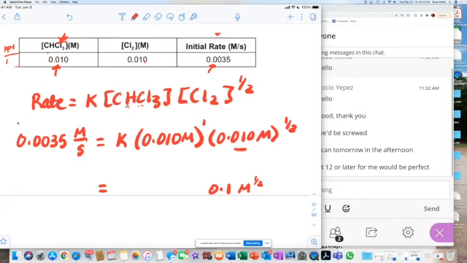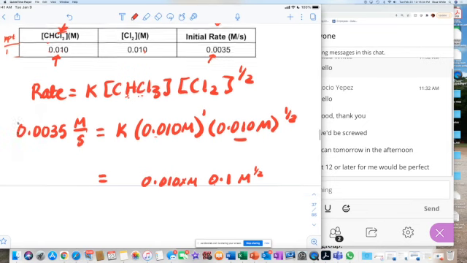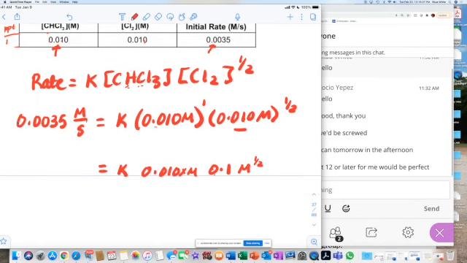And then right here, I'm going to multiply this by this. So 0.010 times M. This is a weird problem, but yeah, times M. Okay, then we have this K right here, and then we have 0.0035 M over S.